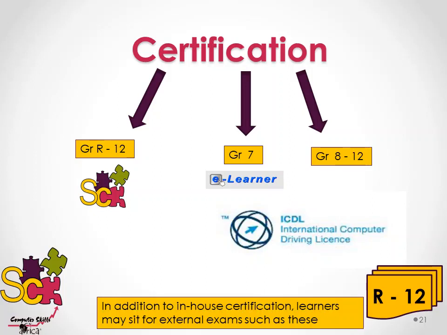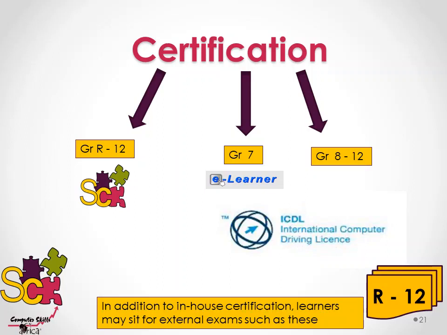There is a certification program for everybody from grade R to 12. Computer Skills for Africa can issue a certificate provided that the person has 75% or more. For grade 7s, they could actually write the e-learner certificate because their skills are exactly the same.